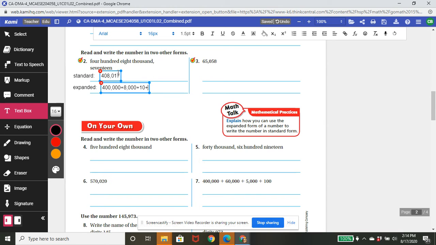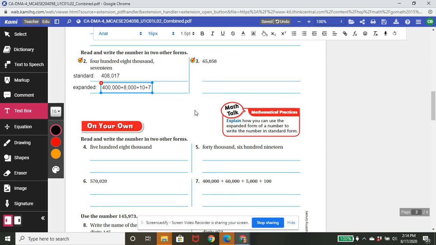Okay, and my last column has a 7 and nothing else. So I took apart its pieces. The 400,000 I took out, the 8,000, the 10, and the 7. And if I were to add this all together, it would add up to 408,017.